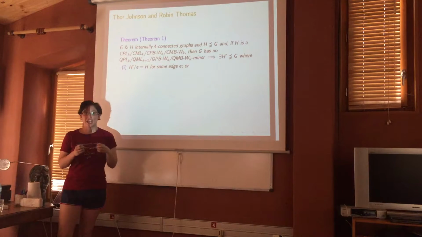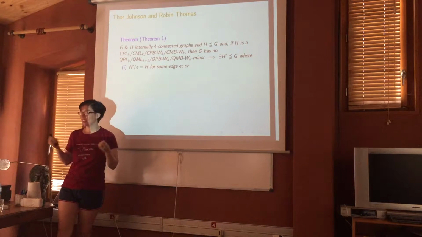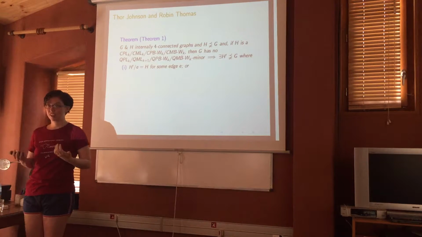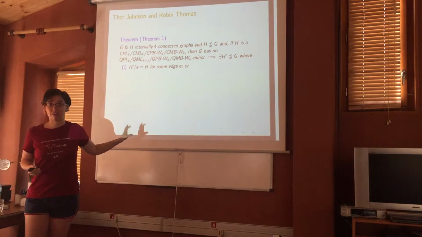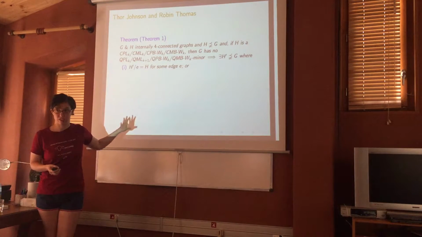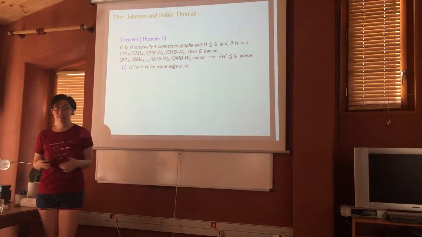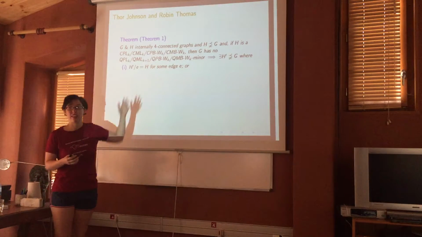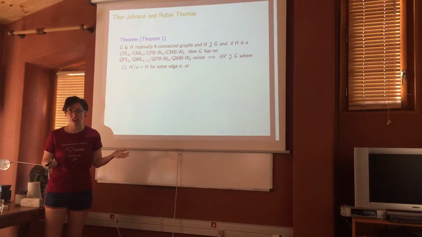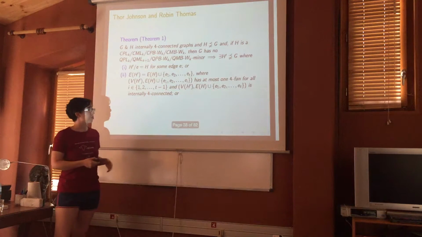So it may be that H prime, your intermediate graph, is an uncontraction, but there's nothing in their paper that tells you this has some bound on its connectivity. You may have lost internal four connectivity when you did this uncontraction. You don't know anything about it, except that the nice thing is that it's just a one-element move. So you do a one-element move to get an intermediate graph. We don't know about its connectivity.